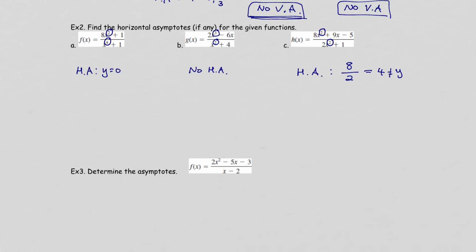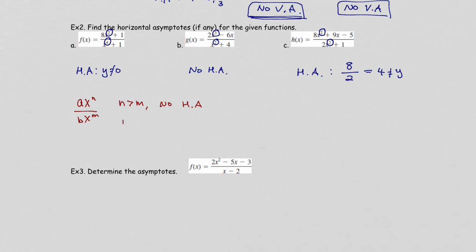This is y cannot be equal to 0, right? So if I write that information again, if we have ax to the n over bx to the m, where the numerator exponent is larger than the denominator exponent, there will be no horizontal asymptote.